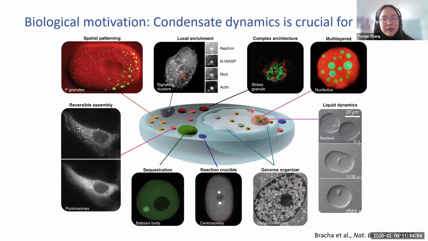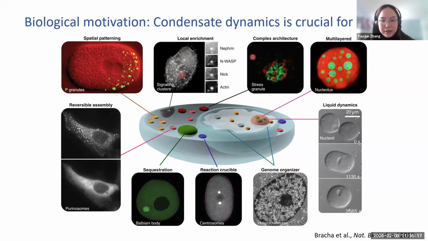Now, why do we care about condensate dynamics? We care about the dynamics because it matters to condensate function. The advantage of not having a membrane is that they form and dissolve quickly in response to cellular signals, such as the formation of these signaling clusters and stress granules.